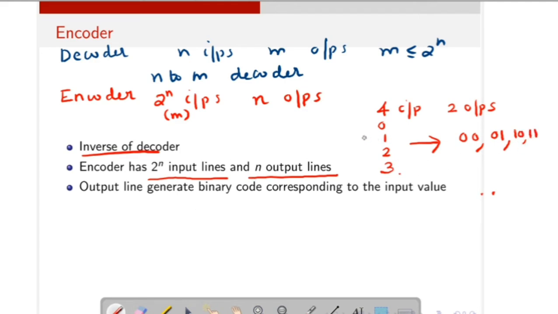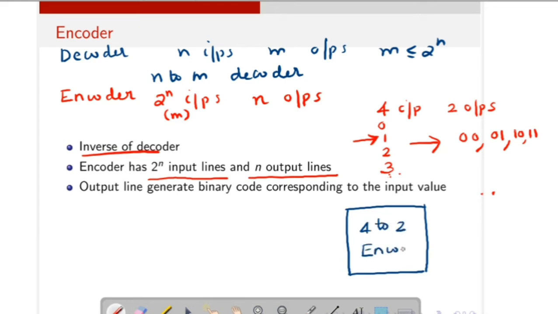So it selects only one input from the 4 inputs. That means we give input to any one of the 2 raised to n inputs, in this case 4 inputs, and it generates the corresponding binary value. So we can draw the block diagram of this encoder. Here the encoder is a 4 to 2 encoder.